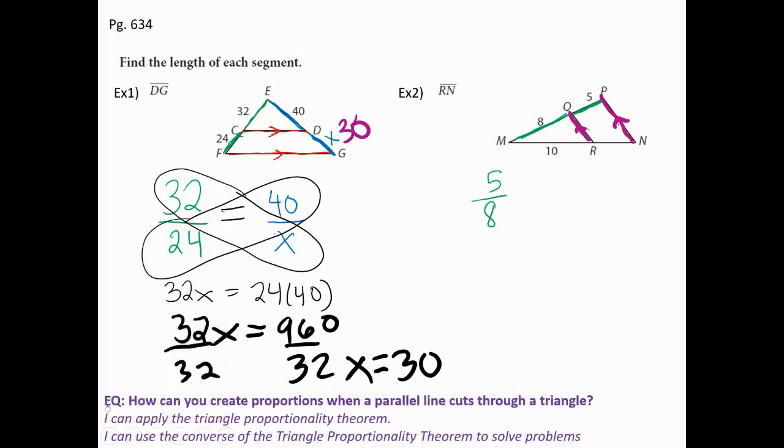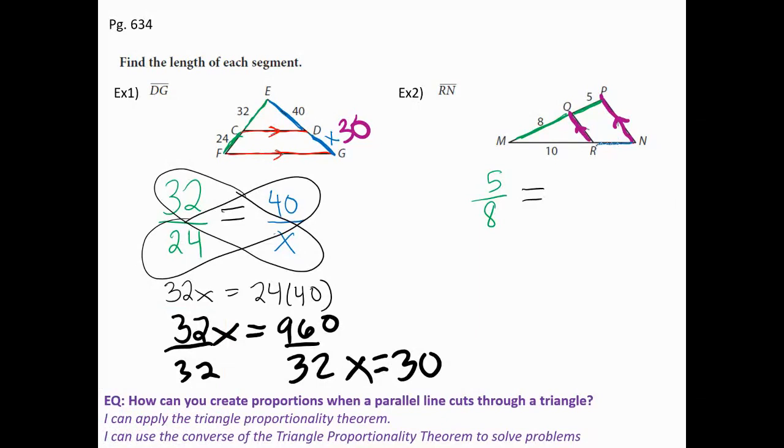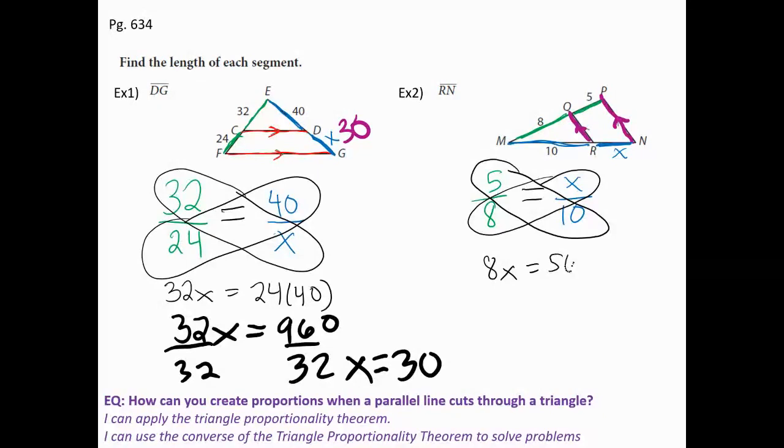And that has to be equal to this side, which, hey, that's what we need to find. So I'm going to label it x, divided by this length, 10. And then we're going to cross multiply. I always do the x side first. So it's going to be 8x equals 5 times 10, which is 50. So 8x is going to equal 50.